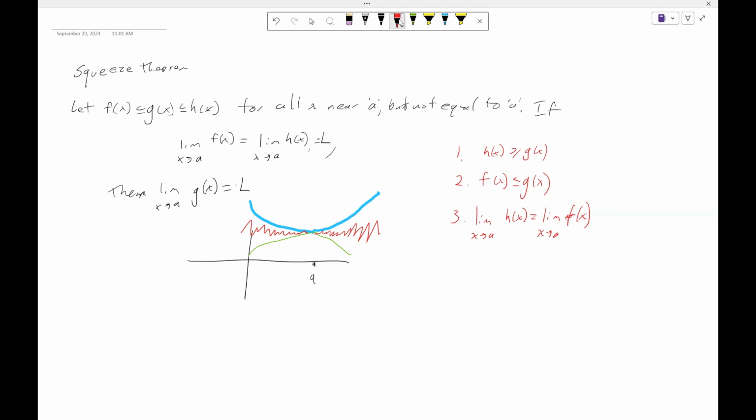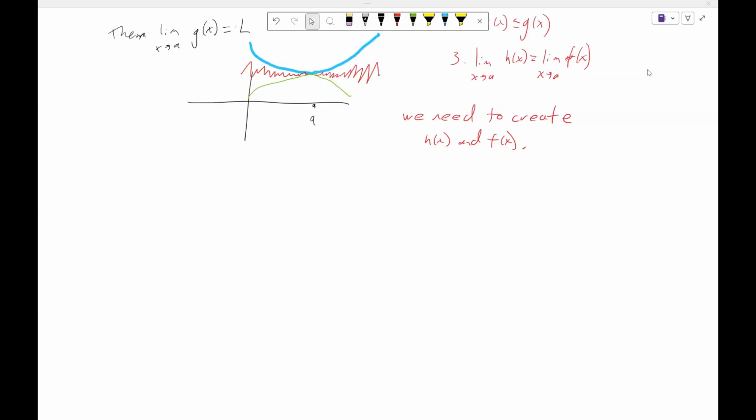Checking these three conditions gives us our result. What's hard? The hard thing is we need to create h of x and f of x. That's really the challenge.